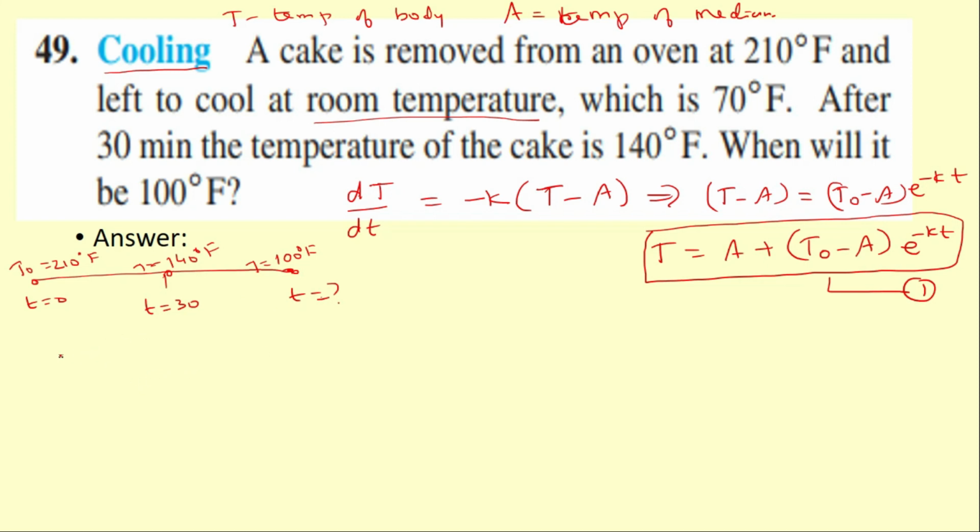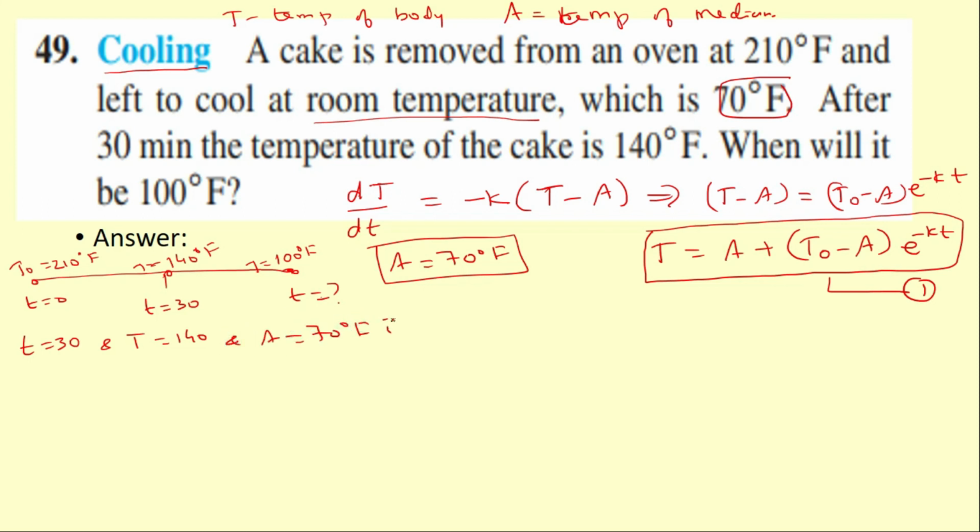Let's start with equation number 1. t is 30 and capital T is 140, and there is one more piece of information given, 70 degree, which is room temperature, isn't it? So A value is 70 degree Fahrenheit. Put this information in, and A is 70 degree F in equation number 1. What we get is, the left hand side is 140, the right hand side is A, 70, plus T0 minus A, both are constants.